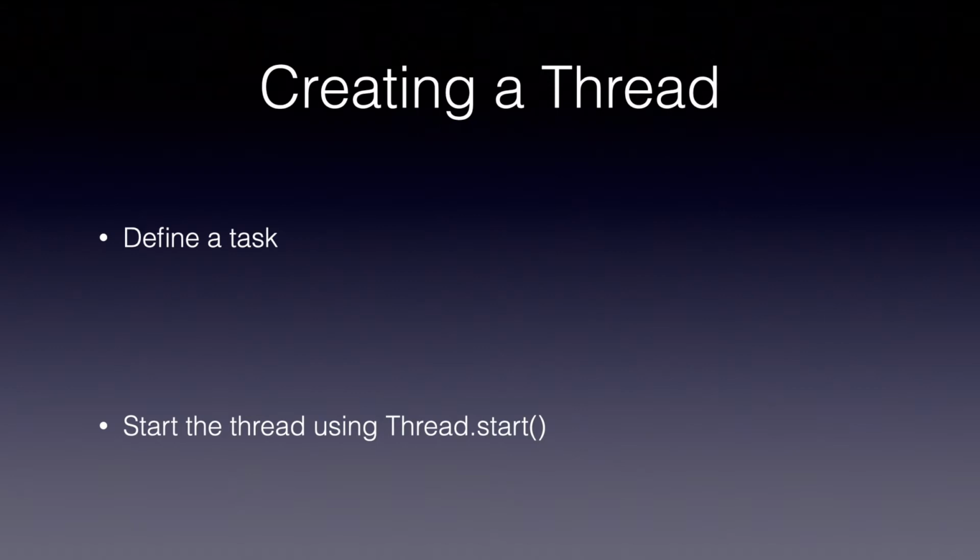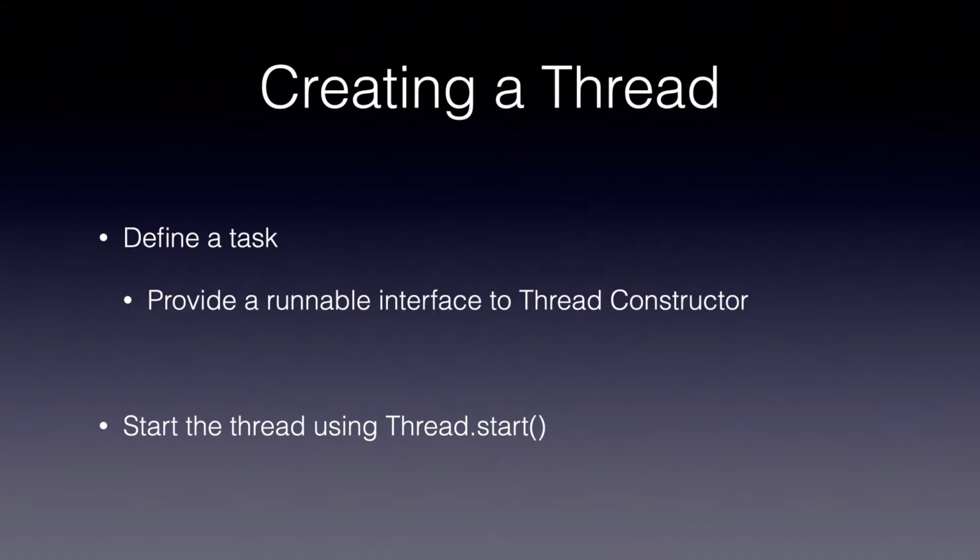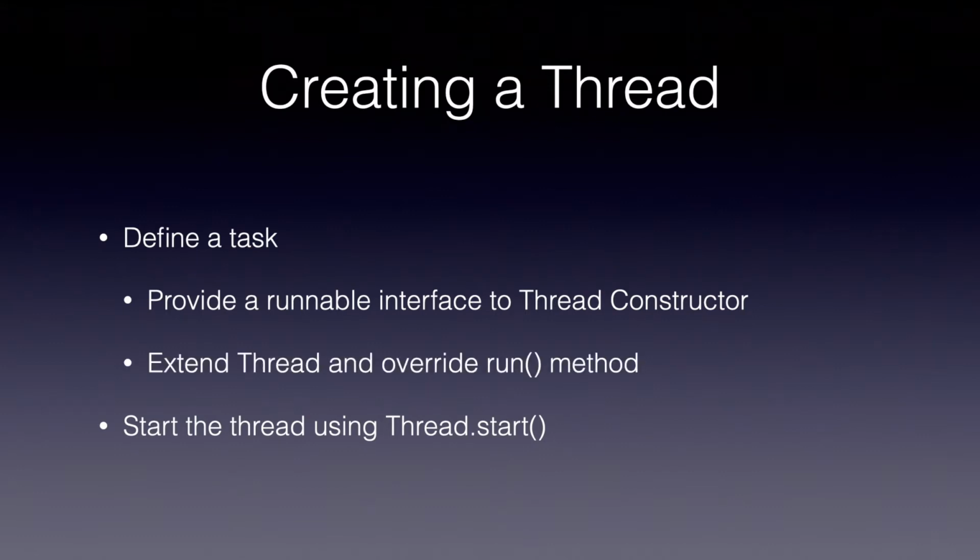Defining a task can again be done in two ways. We can create a class which would implement the Runnable interface and then override the run method, and write the code within that run method. Or we can have a class that extends Thread and then override the run method. We will see both of them in practice.